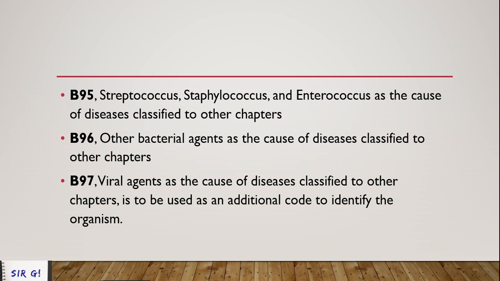While B96 is other bacterial agent as the cause of diseases classified to other chapters. That means all bacteria except Streptococcus, Staphylococcus, and Enterococcus are coded under B96, because those three have their own category code.